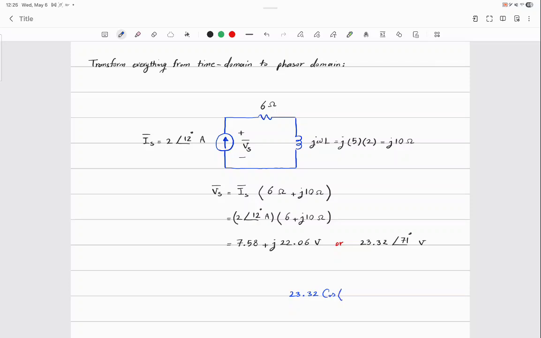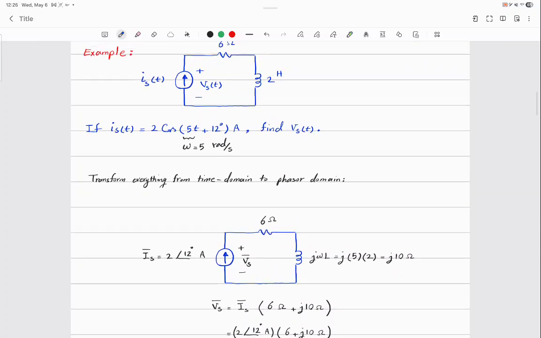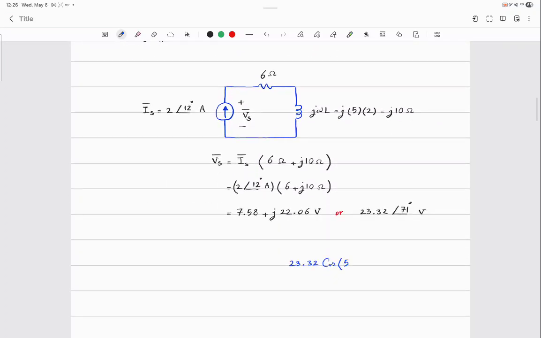You ignored omega t so far, bring it back. What was omega t? 5t. Plus, what was supposed to be here? The phase, so just put 71 degrees. That is v_s(t). Make sense?